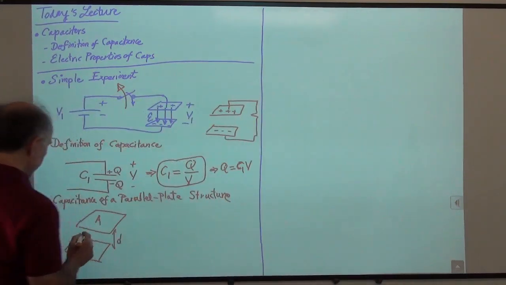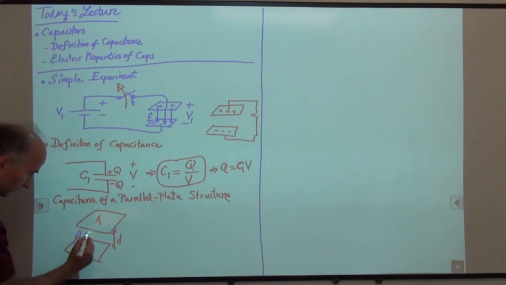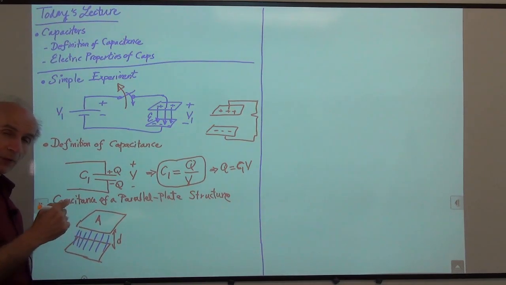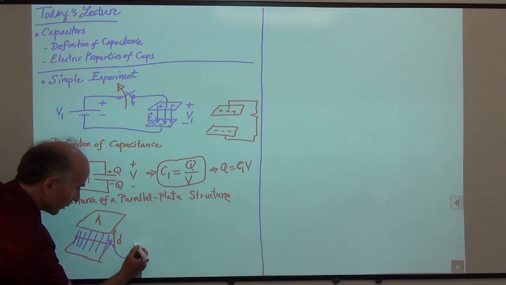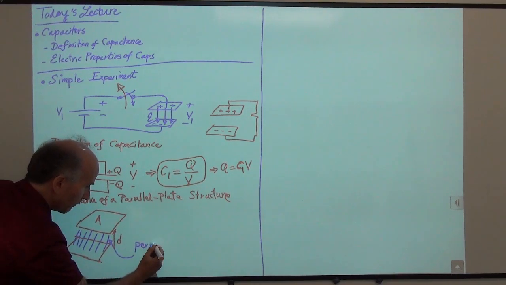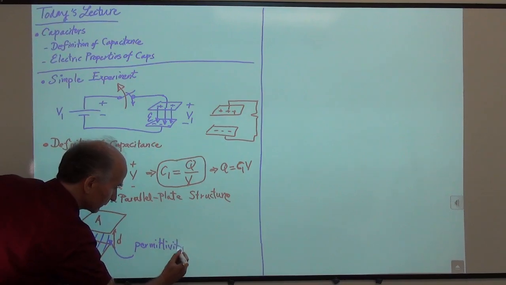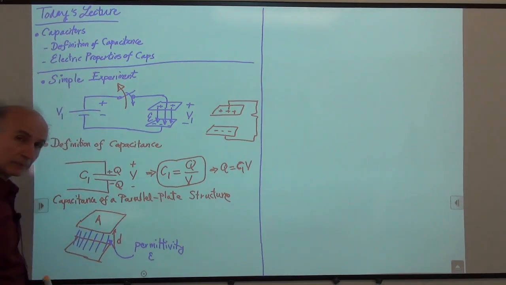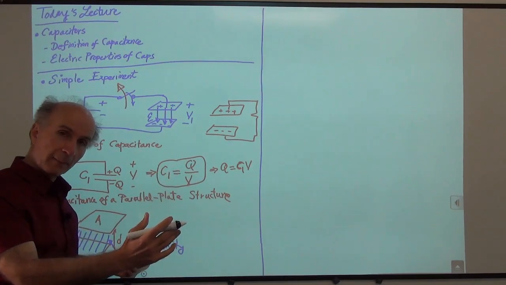So if we fill this area with some non-conducting material, that material has a particular parameter, called the permittivity, and denoted by epsilon.